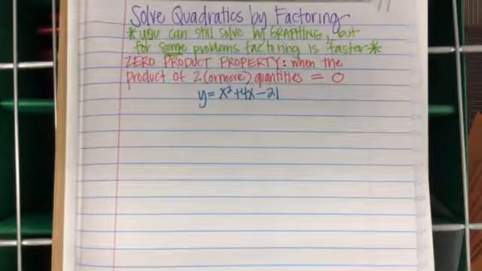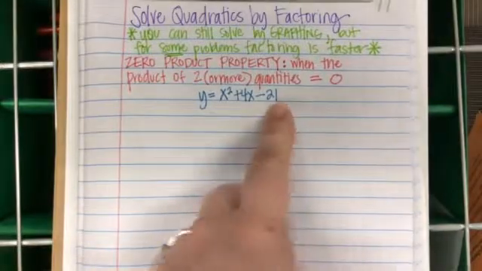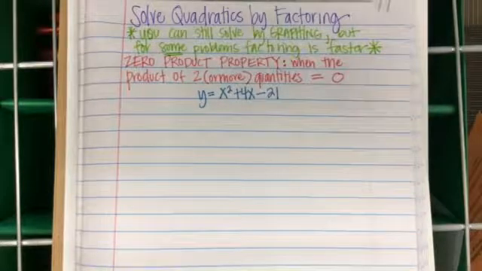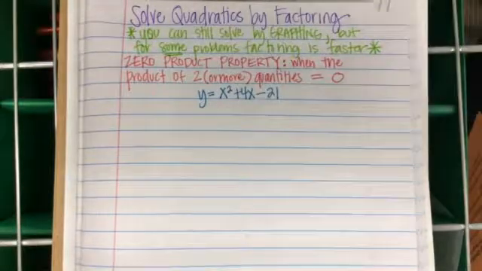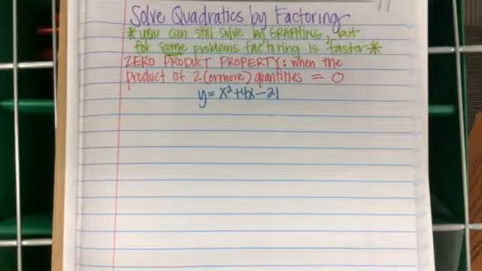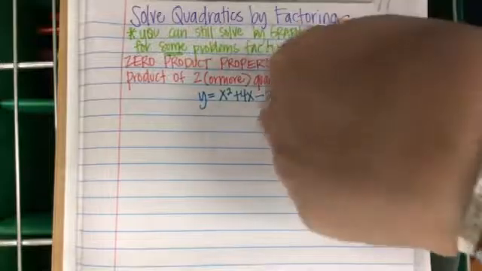You could find the axis of symmetry, find the vertex, plot the y-intercept, substitute values, graph it, reflect and connect, all that good stuff. However, they didn't give us a graph. And this negative 21 is an indicator that that's something I don't want to graph.